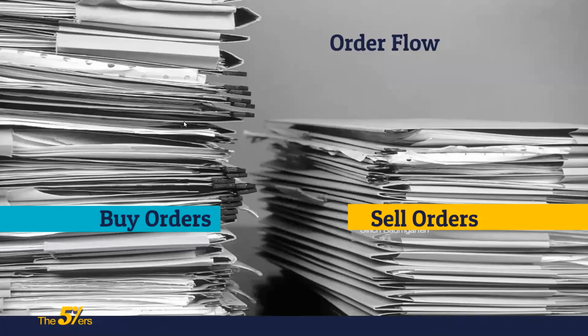So we want to know where we have these leftover orders, because if we are going to sell where we know there are buyers in it, we will definitely get our execution, right?